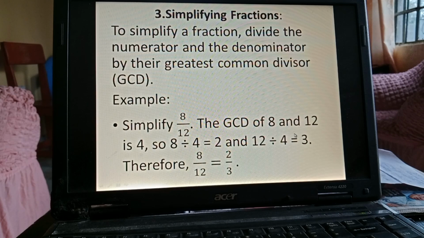The example is: simplify 8 over 12. The GCD of 8 and 12 is 4. So you divide the numerator by 4, 8 divided by 4 is 2, and the denominator 12 divided by 4 is 3. Therefore, 8 over 12 is equal to 2 over 3.